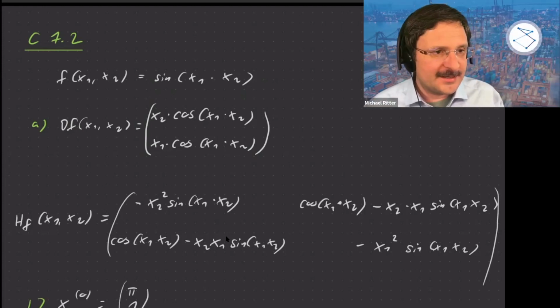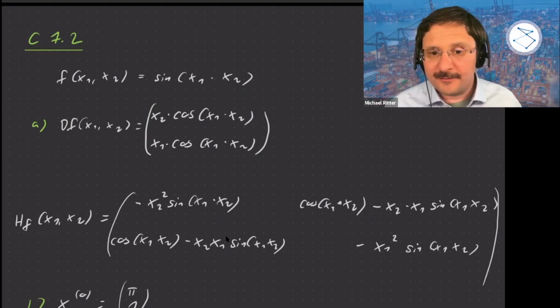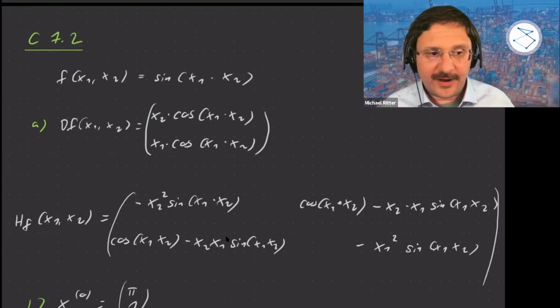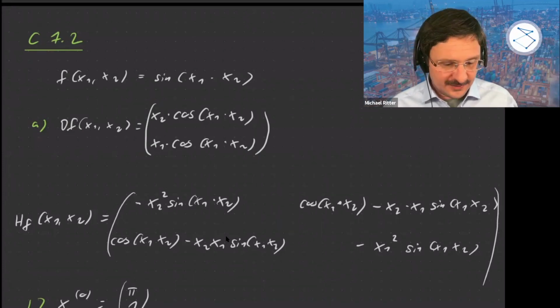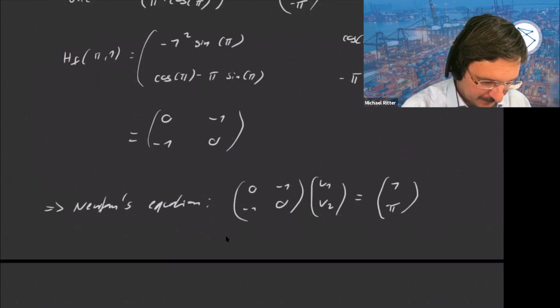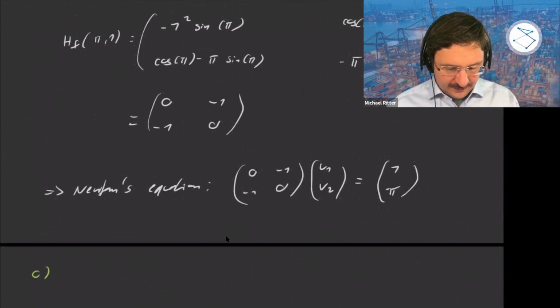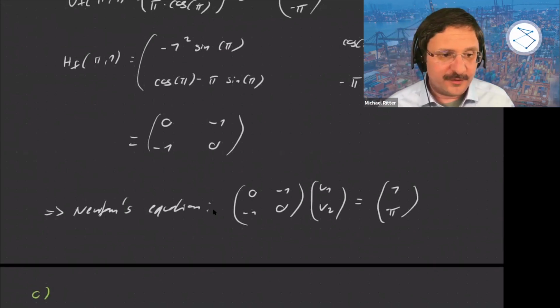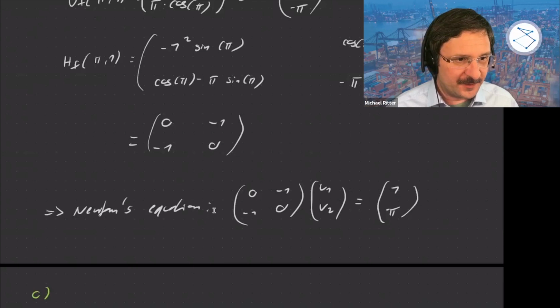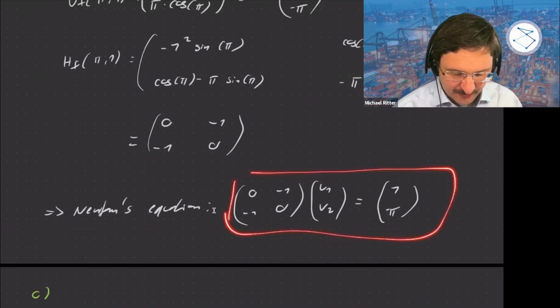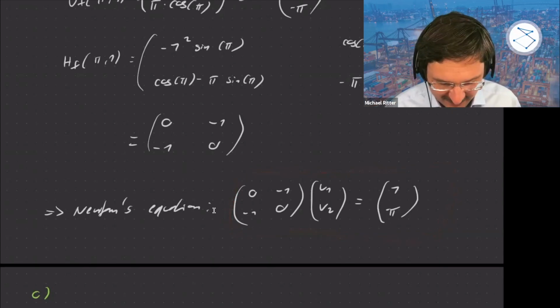Good. So part C, we're now doing one actual Newton step to compute the next iterate in this procedure. Now, of course, to do that, we first need to compute the actual search direction. Up to this point, we have only written down the equation that we need to solve. Now we need to solve it.